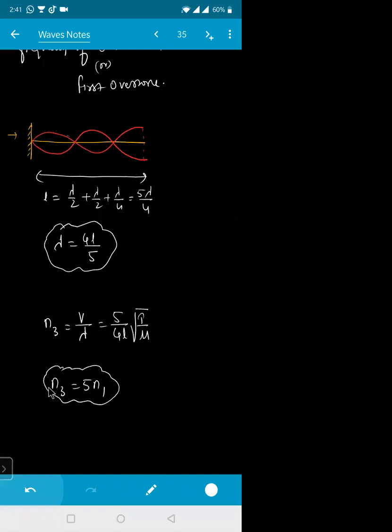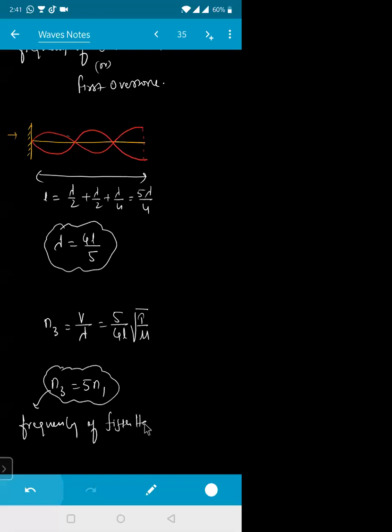So this N3 is known as what, beta? Frequency of your fifth harmonic, or it is also your second overtone.